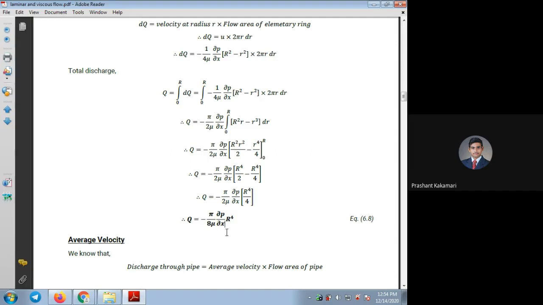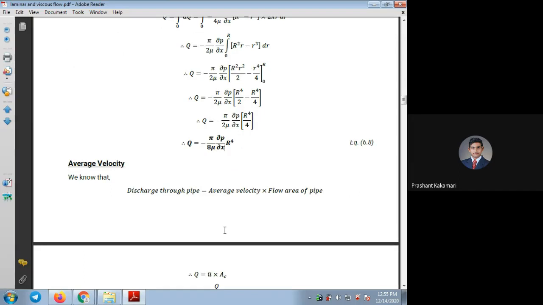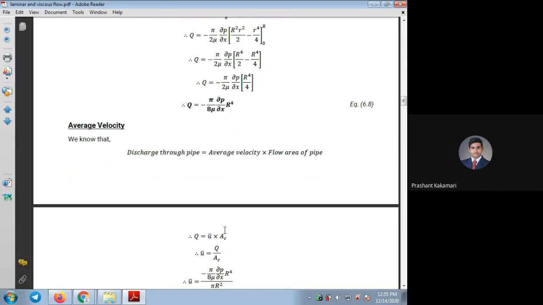After this, as I told you, we also find the average velocity. The same equation for Q is used here for finding the average velocity, which is denoted as U bar, or you can write U average.